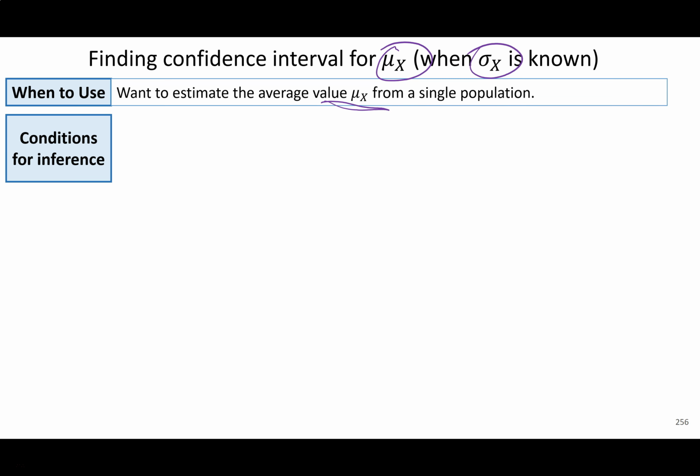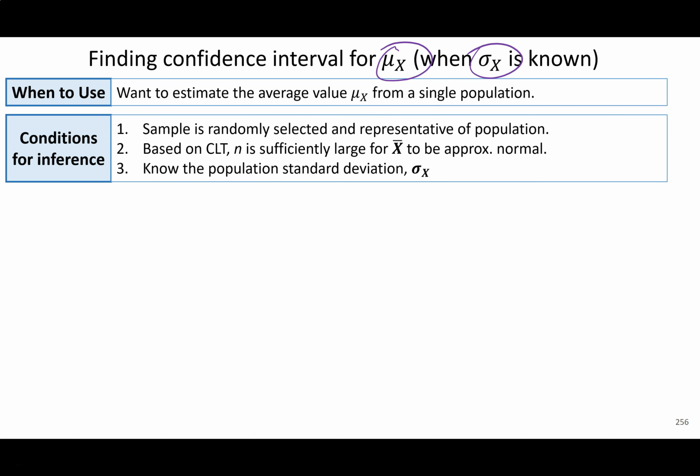We do have conditions, and a lot of these conditions are going to be pretty regular for us. Condition 1 in particular is pretty much always going to be there. We're always going to want a representative sample, because if our sample is not representative, pretty much everything we do afterwards is really questionable.